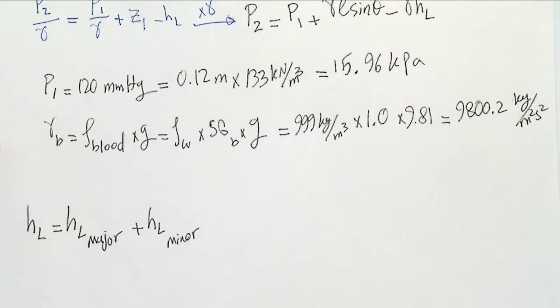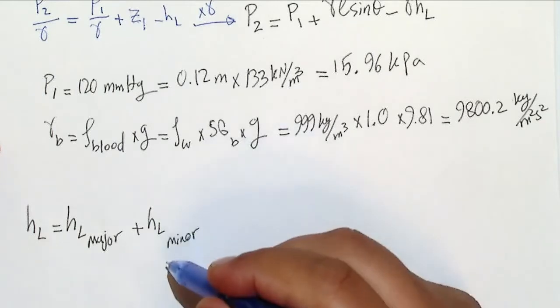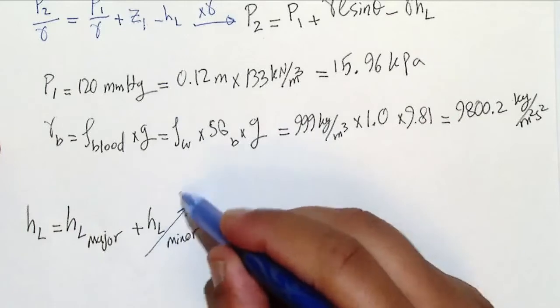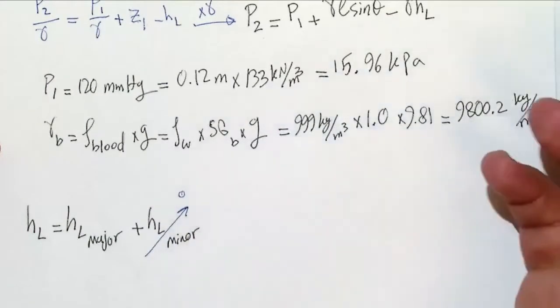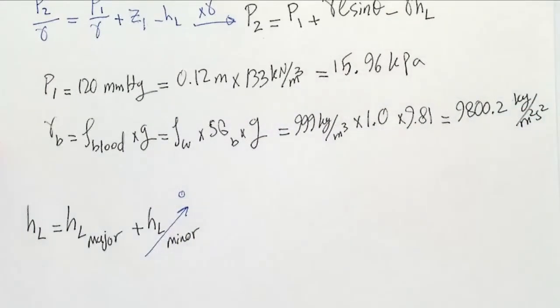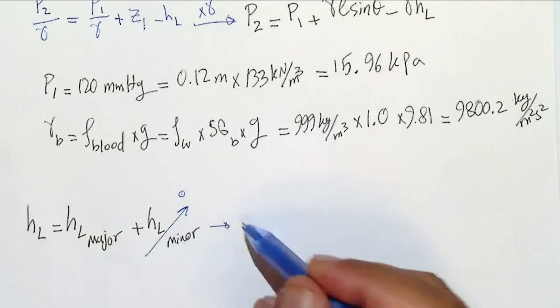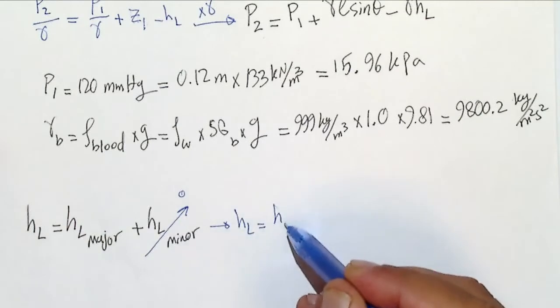Minor loss, as we talked about in the class, is about the curve that you have, elbow or any valve that you have in that part. But since you have a straight pipe here, this is going to be 0. This is only a straight part, and it doesn't mention it, but you can assume that it is 0. Because here you have a straight pipe, you can say that HL is only HL of major.